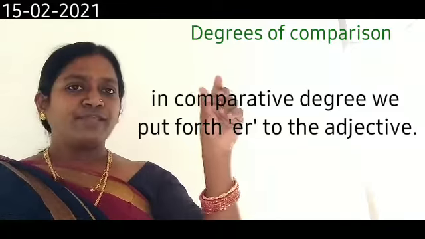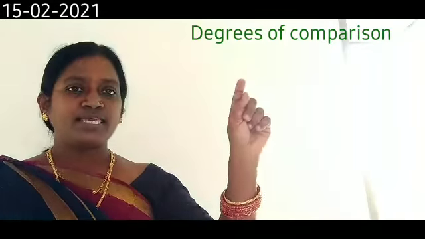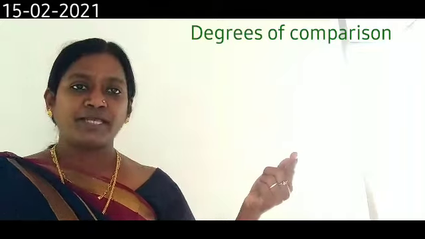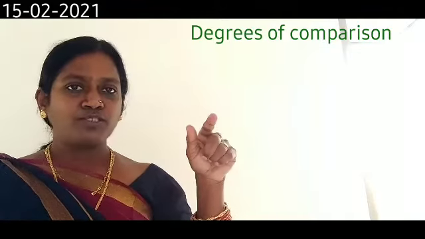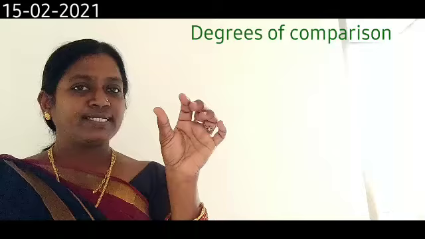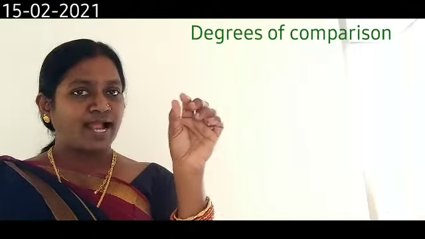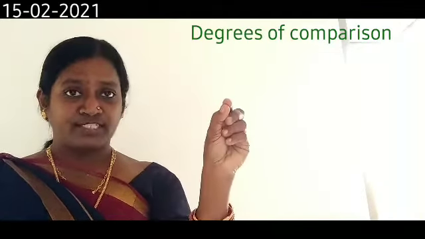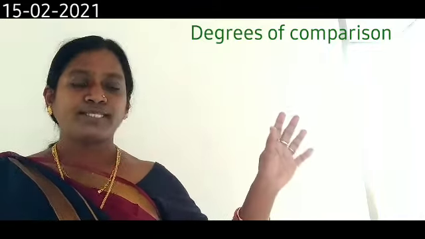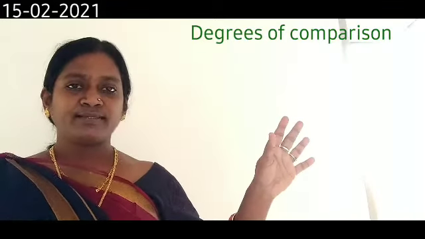So, for adjectives, we are using er. We put er to it in order to make a comparison. When there is a point of making a comparison, usually the adjective is added. That means we are adding er to the adjective in order to make a comparison with a person or a thing. Understand?